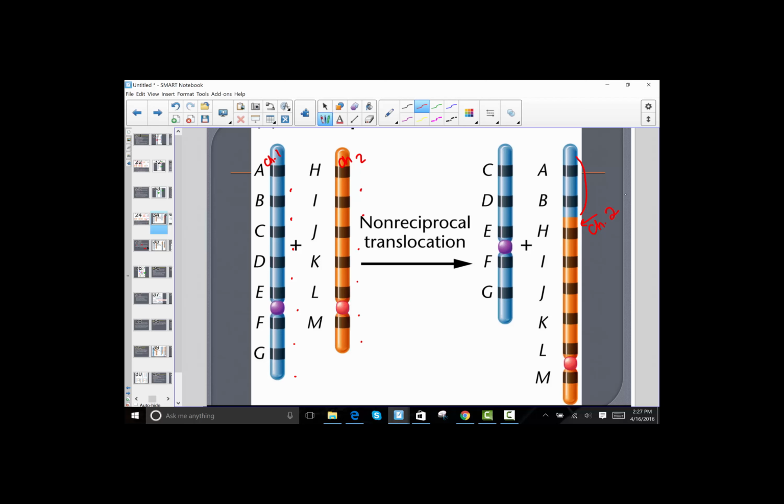Okay? So what happened to chromosome 1, and it's the reason that it's non-reciprocal, is because we didn't have the same amount of transfer. So we lost A and B here, right? And we gained A and B here.